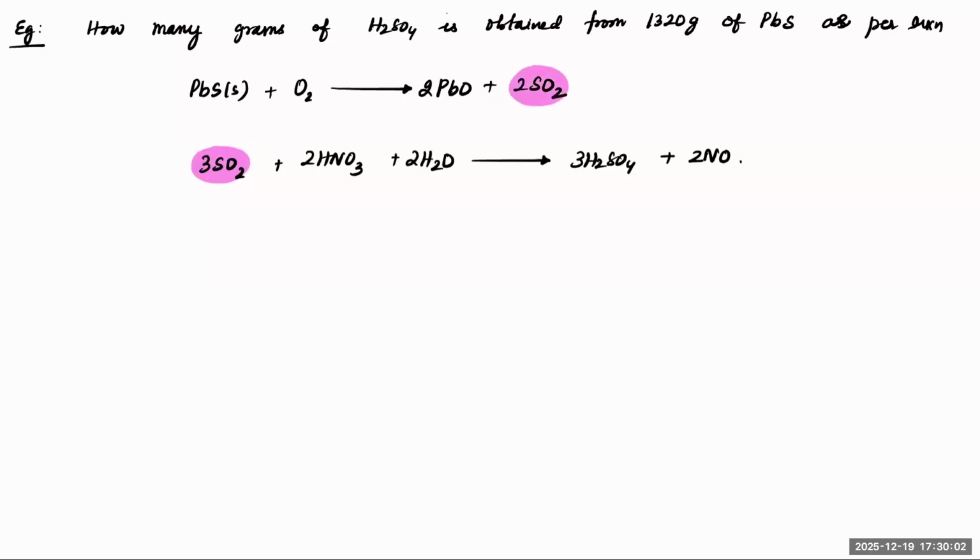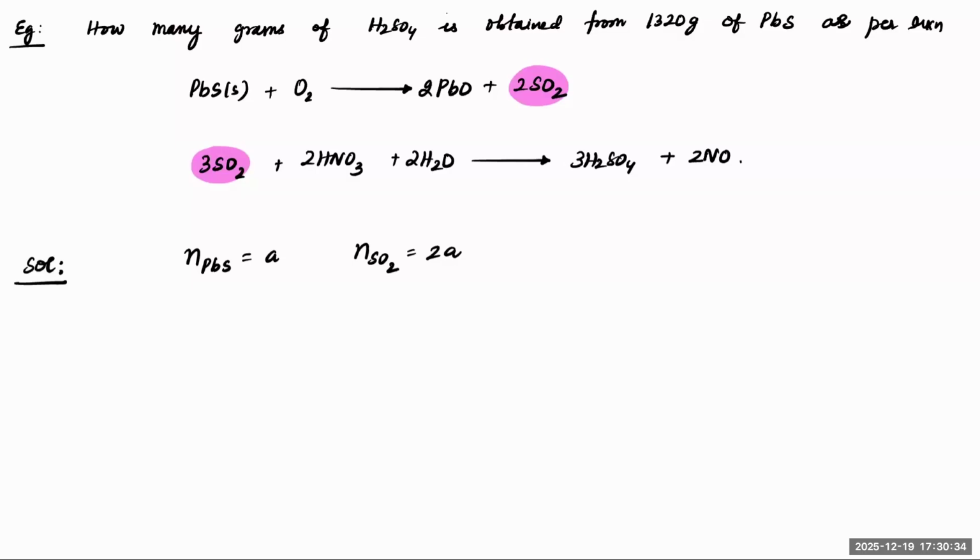Now, start with balancing in case it is not balanced. But since the question is already given in a balanced form, what do you check? You relate how many moles you have, starting with the number of moles. So let's say the number of moles of PbS is A. For A moles, how many moles of SO2 should be forming? 2A. So the number of moles of SO2 should be equal to 2A. Agreed?